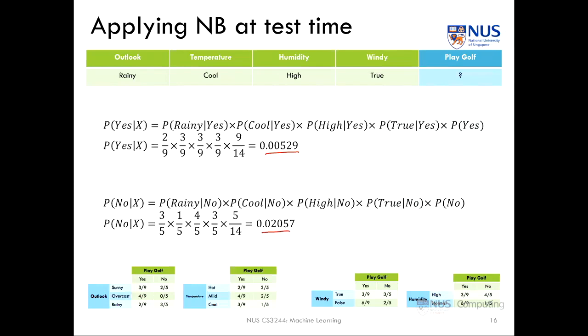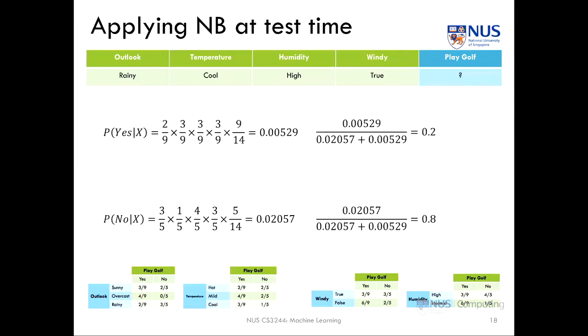Now, these aren't very helpful on their own. What we want is a probability of going to play golf or not. So we're going to normalize these against each other. We're going to add the two of these things together to create a denominator and divide through so that we get a ratio. Because there's only 2 probabilities here, because it's a binary outcome, either yes or no, these 2 are going to sum to 1.